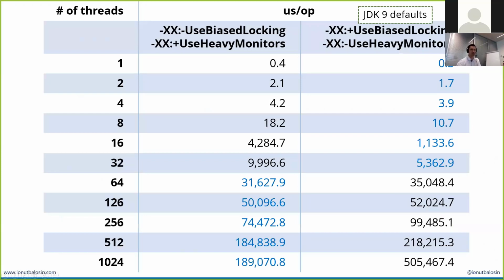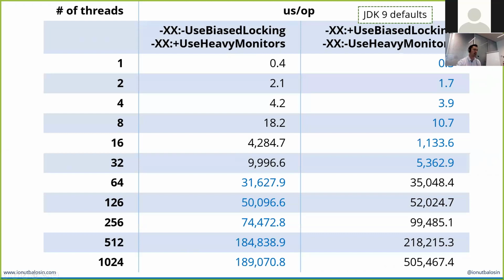And as you can see, the default JVM options are suitable in case of contention, at least on my hardware, for less than 32 threads. However, if you increase the number of threads, the default JDK scheme didn't prove suitable, and in this case you should rely on disabling the biased locking and explicitly enabling the heavy monitors of this contended locking scheme that was improved and added in JDK 9.